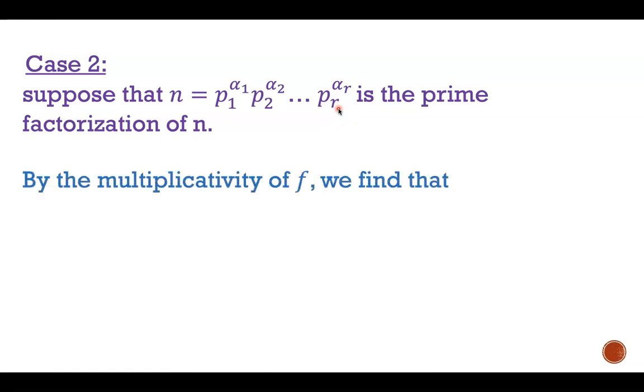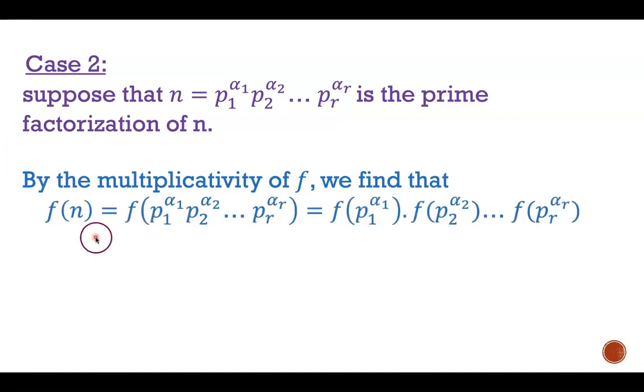Then by the multiplicative nature of f, we can see that f of n can be expressed as f of p1 raised to alpha 1 into f of p2 raised to alpha 2 into etc., f of pr raised to alpha r. Here p1 raised to alpha 1, p2 raised to alpha 2, pr raised to alpha r are all relatively prime to each other.